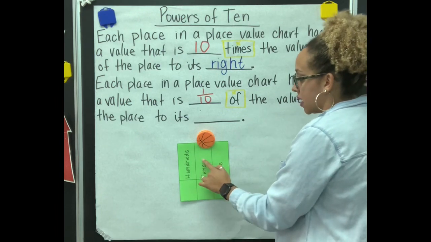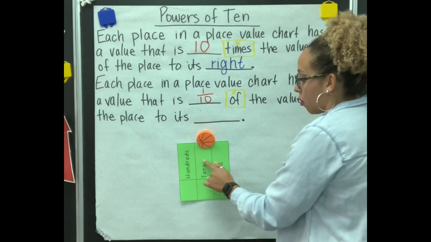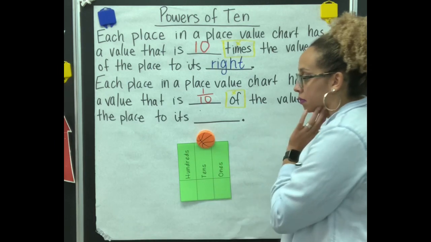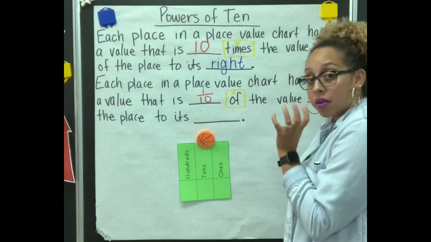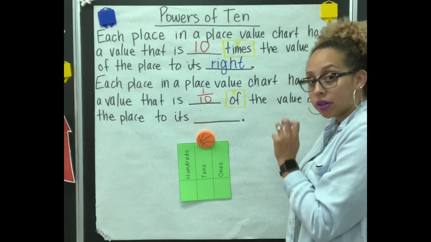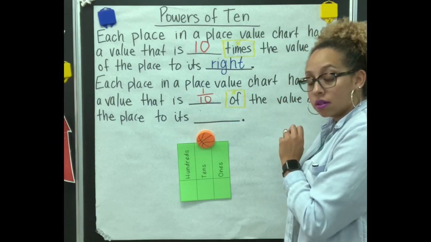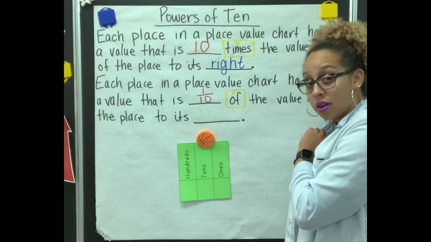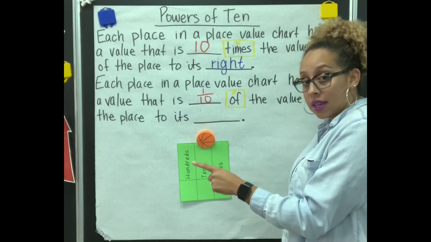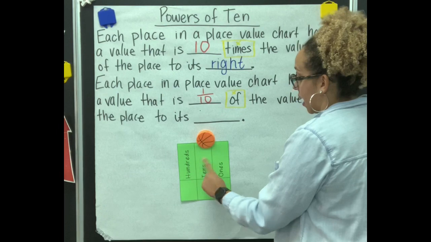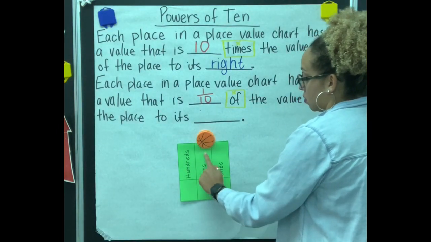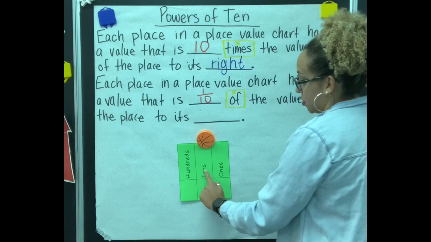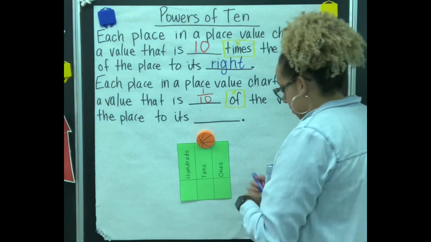Meaning it's 1/10 of the value of 100 or 1/10 of the value of 1. Which one is it smaller than? Because we're getting smaller. Is 10 smaller than 1 or smaller than 100? It is smaller than 100, meaning that each place in a place value chart has a value that is 1/10 the value of the place to its left.